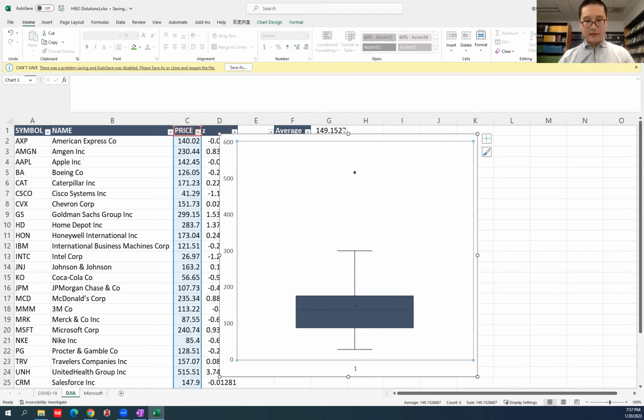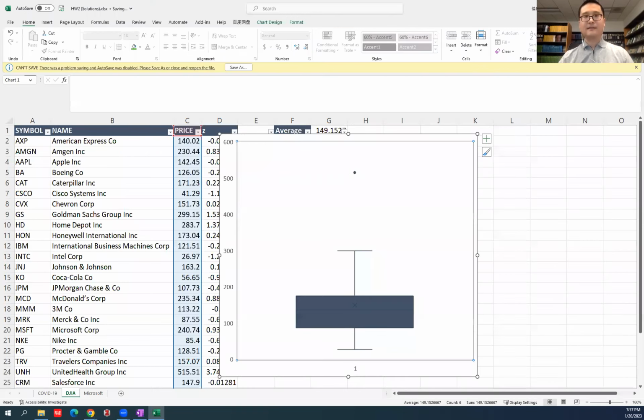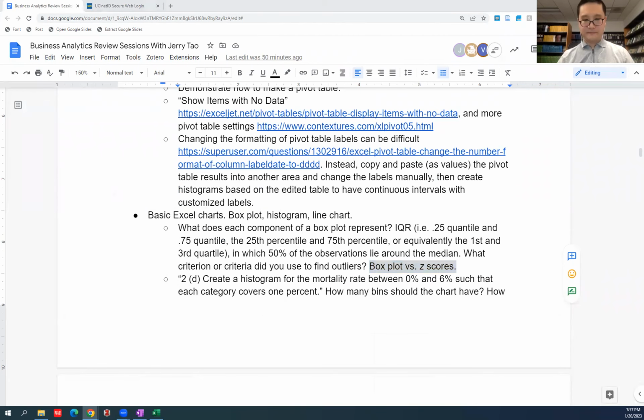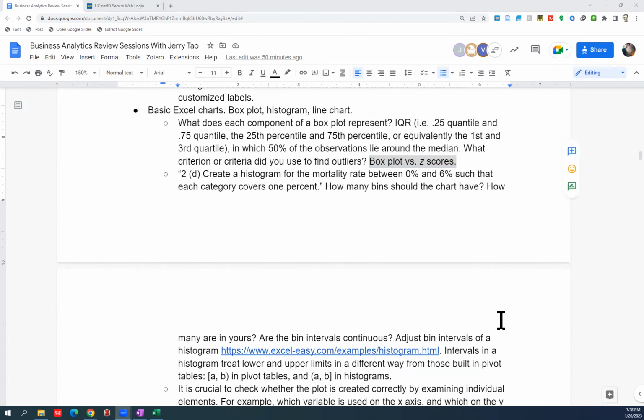However, in the textbook and in the lectures, we also learned that we can recognize outliers by calculating z-scores. Has any of you done outlier finding in this way? With the z-scores, what I did is, I also had a value for the mean, for the average, and then the z-score, and then I sorted it from highest to lowest.